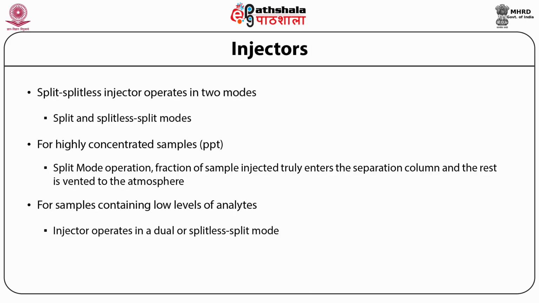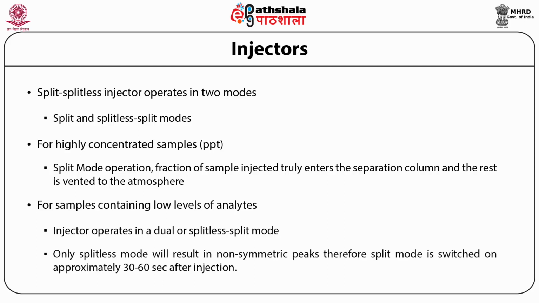In this dual mode, when the sample is injected, the injector operates in splitless mode and the whole of the injected volume is pushed onto the separating column. But if this splitless mode is continued throughout the run, the peaks will be non-symmetric and will interfere with the peak integration.